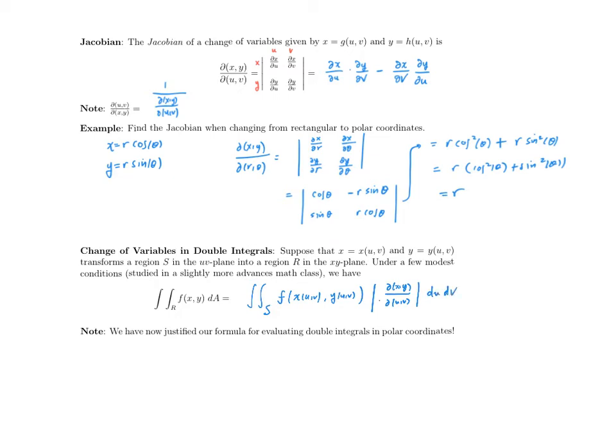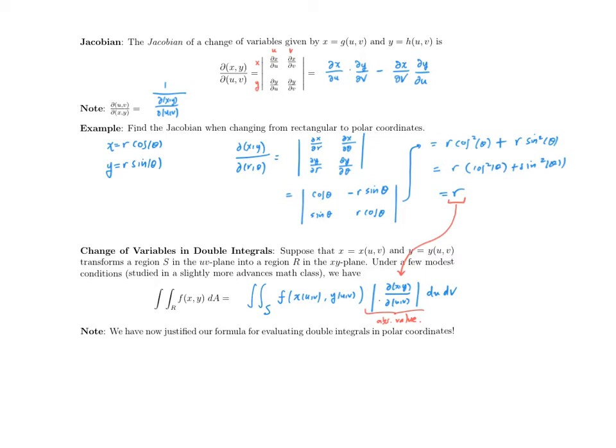And if we think to polar coordinates, you'll immediately make that observation that r in polar coordinates is playing the role of the absolute value of the Jacobian. And I will also emphasize that this really is the absolute value, so if it's a negative quantity, you need to make it positive for this formula to work.